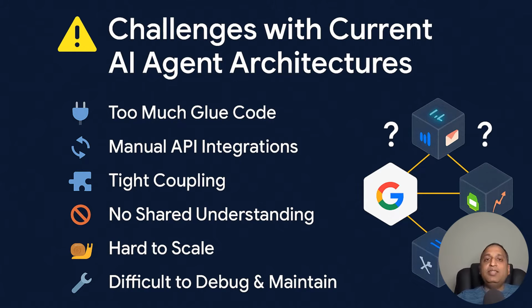So in summary, while AI agents are powerful, making them work together today is still a high effort and error prone process. And that brings us to why something like Google's agent to agent protocol is such a game changer. We'll get to that next.